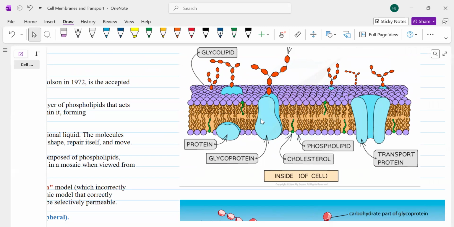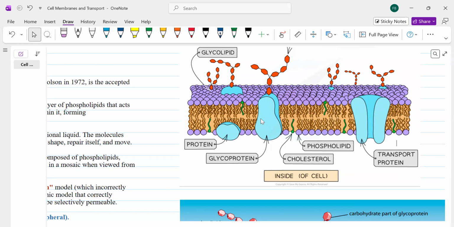Without that, you don't have any layer. You don't have any membrane. Then the proteins, the glycerol, fatty acid, and cholesterol, glycolipids, glycoproteins, and proteins, transport proteins. These are all the components of the cell membrane.